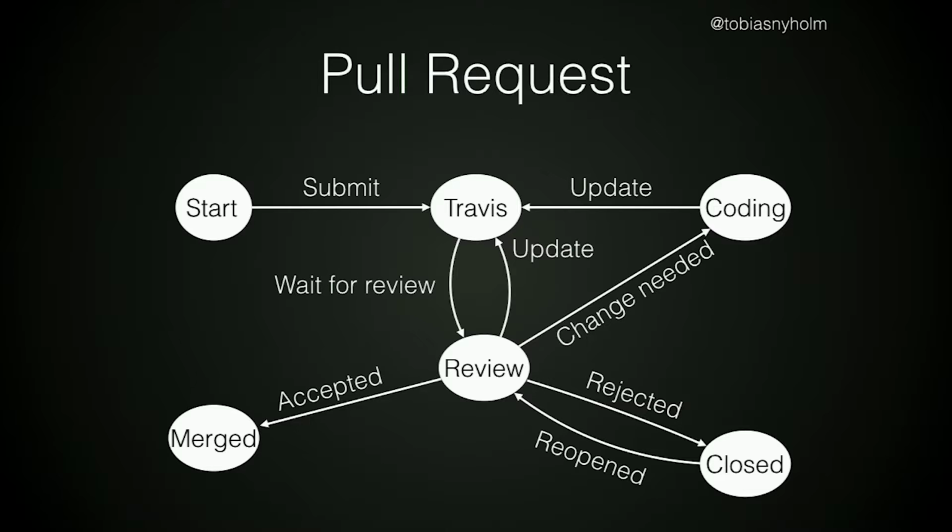So you can update it yourself, or you can wait for review, and the review may say you should update it, or that some changes are needed, so you go back to coding and update it. The pull request can either be accepted or rejected. And if it's rejected, it's hopefully going to be reopened.